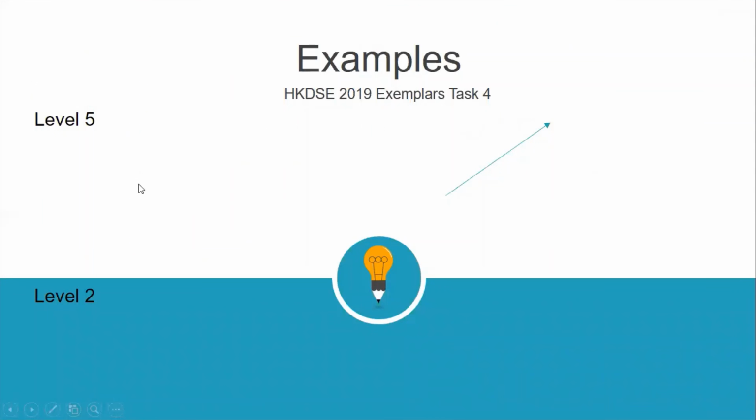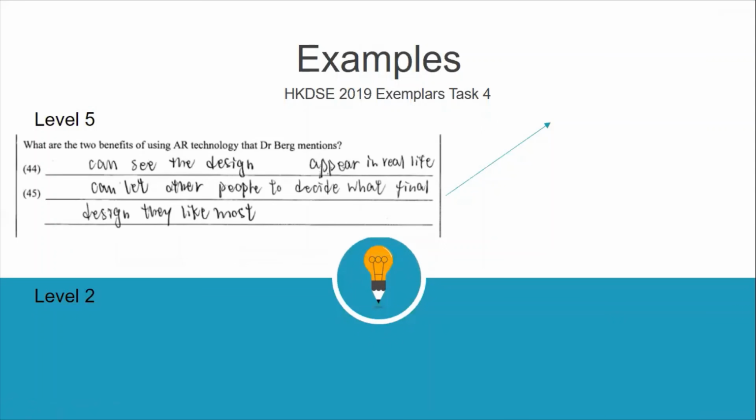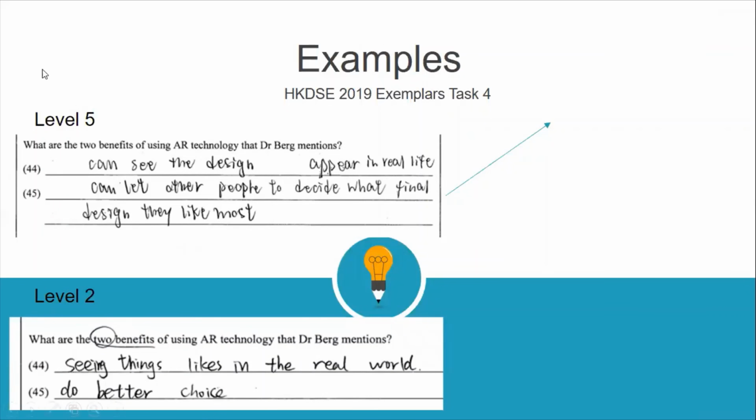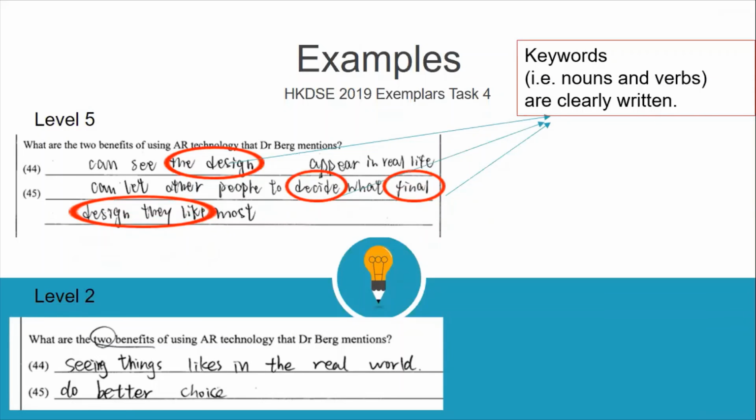Here I'm going to show you some examples of how to jot notes. You can compare the exemplars of level 5 sample and level 2 sample. In level 5, keywords are clearly noted down, like the word design or the verb decide. So you can see the expression of meaning is very clear because all the keywords like nouns or verbs are clearly written according to the recording.